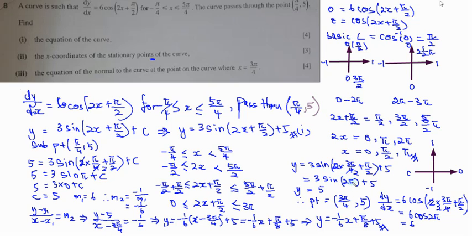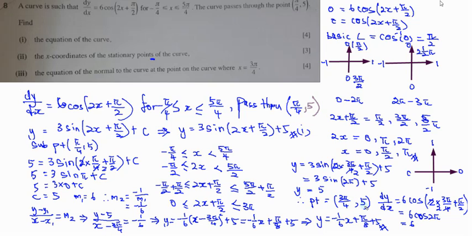And you know sine 2 pi? Okay, let's look at this. This is sine 0, 1, 0, minus 1. Sine 2 pi is the same as sine 0. So this whole thing sine 2 pi gives you a 0 value. So 3 times 0 is still 0. So y is actually equal to 5. So the point here where the normal passes through is 3 pi over 4 for the x value and 5 for the y value. Okay?